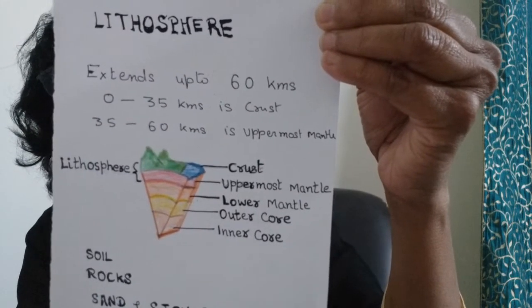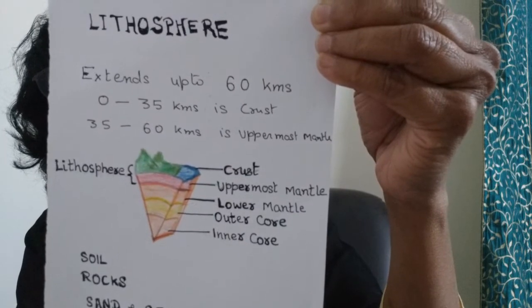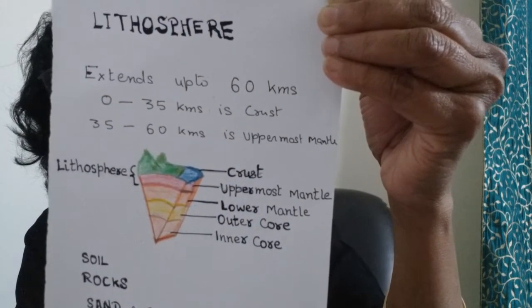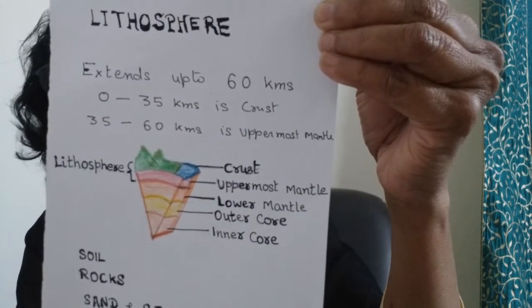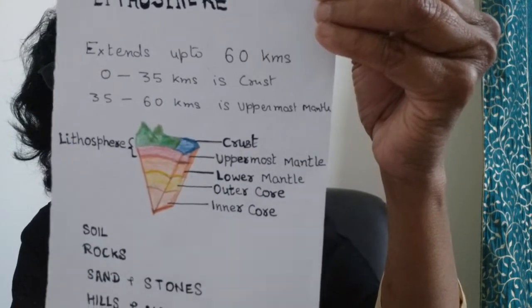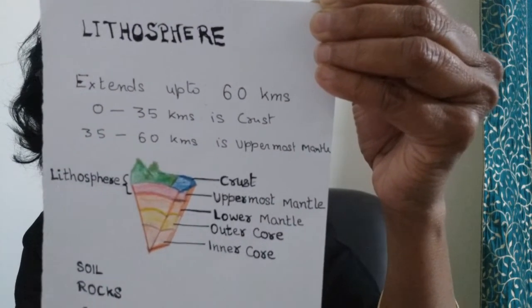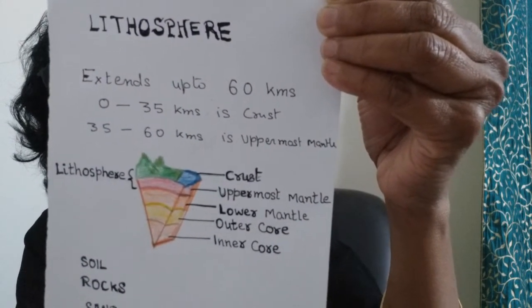Lithosphere is made up of crust and the outermost layer of the mantle, and it extends up to 60 kilometers. So the core and the lower mantle are not included in the lithosphere. You must remember this.